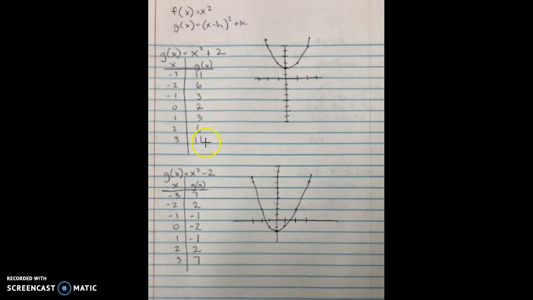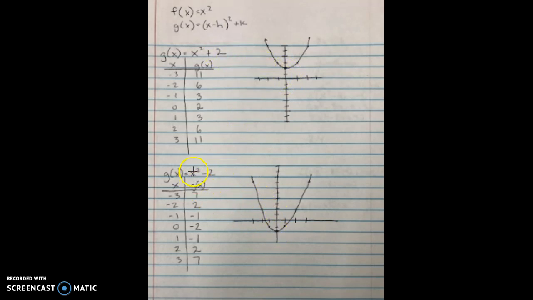Now what happens if we subtract 2 instead of add 2? Well, if our original vertex in x squared starts at the origin 0, 0, and when we add 2 our vertex starts at 0, 2, then if we subtract 2, our vertex is going to be at 0, -2.